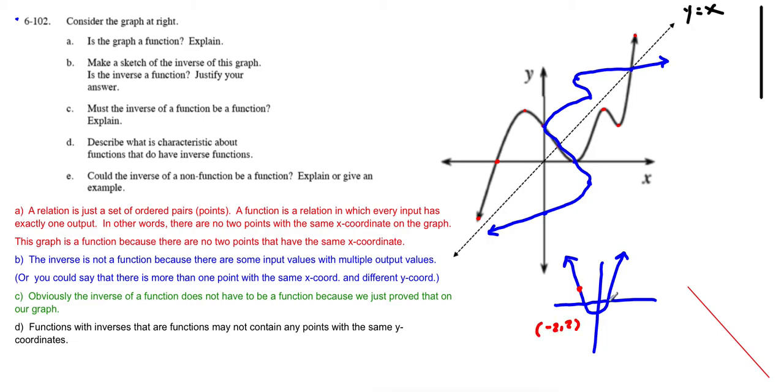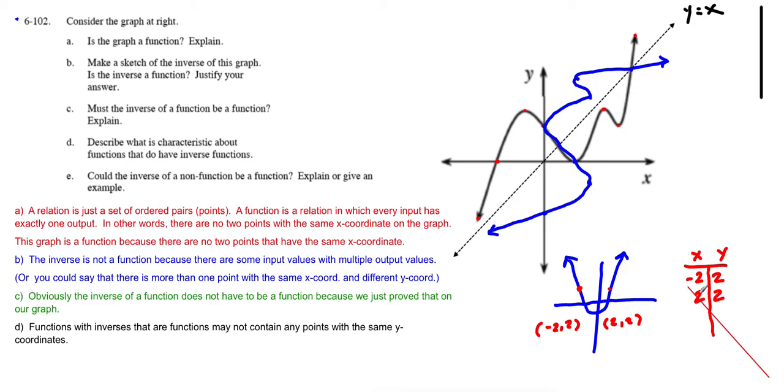Then we also had a point over here at (2, 2). Think about it on a table here. We'd have an x, we'd have a y. We have a point at (-2, 2). And remember, a parabola is a function. And we also had a point at (2, 2).